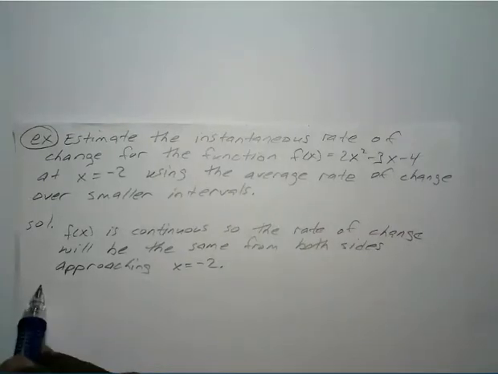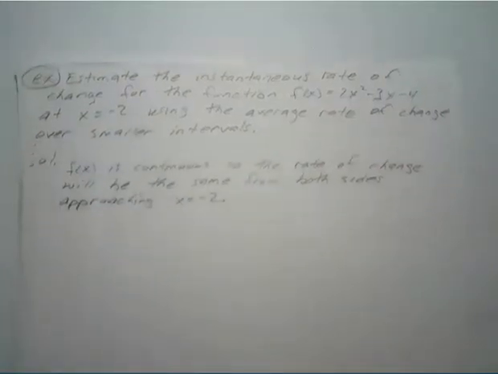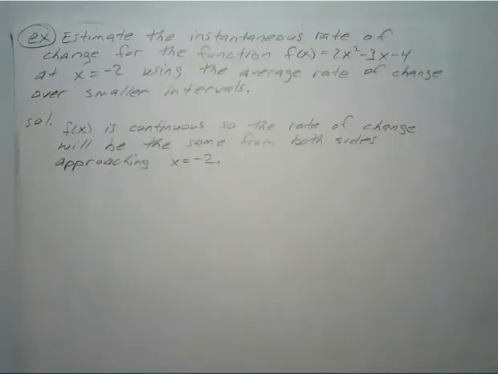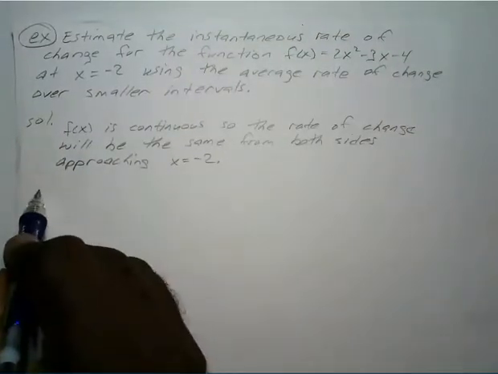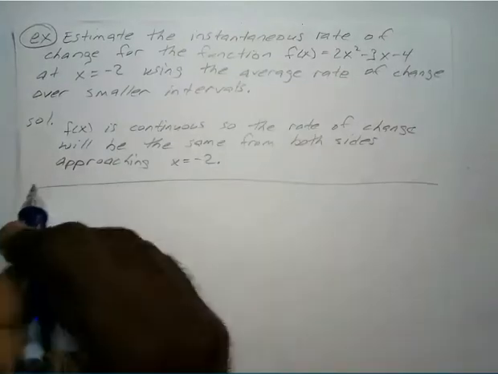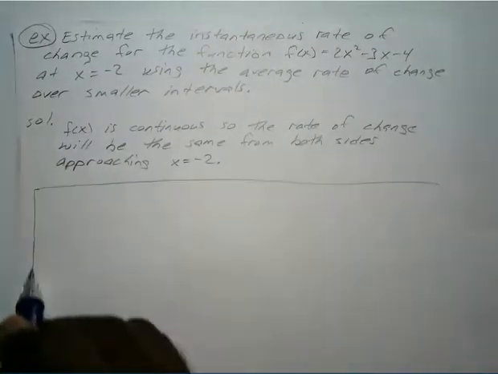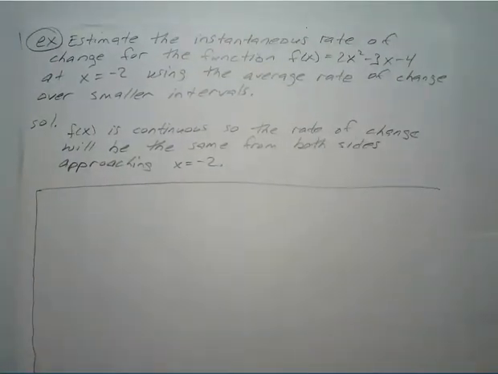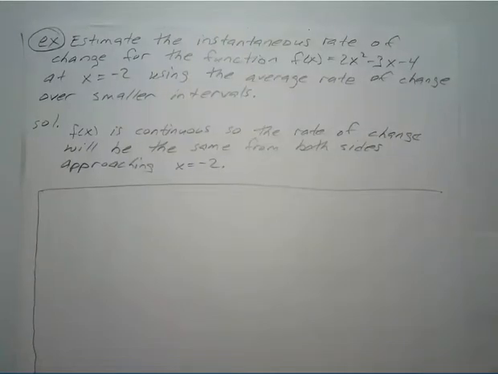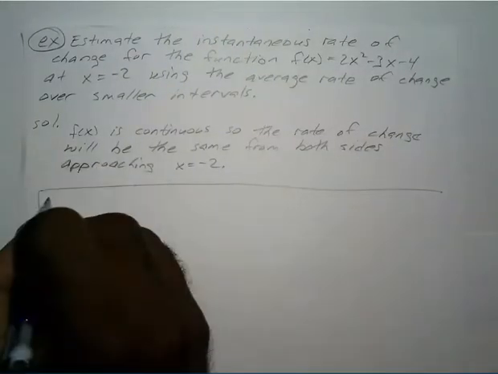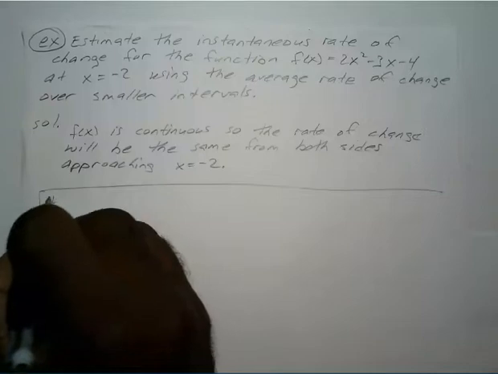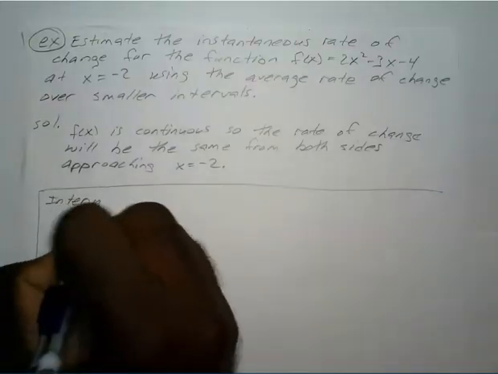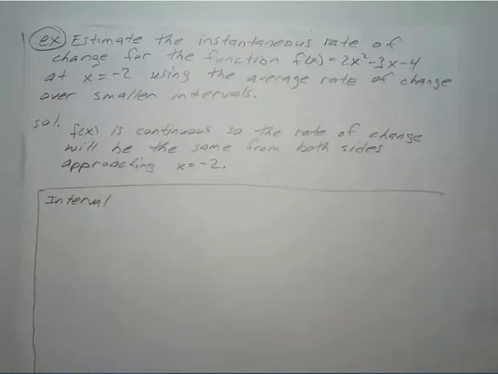Okay, so what we're going to do here, just to keep things nice and neat, is create our nice little table. We're going to look at our interval for our first column.